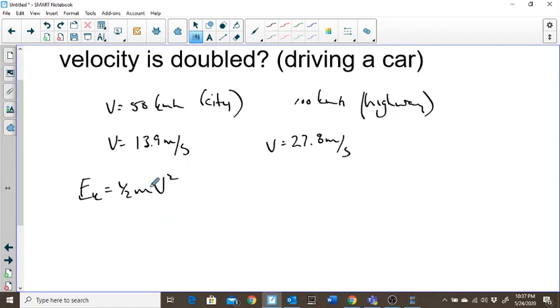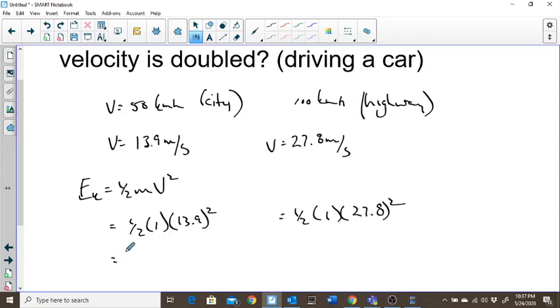So let's use a mass of 1. It's a very small car. So we're going to have 1/2 times 1 times my 13.9 squared. Likewise, over here, we're going to have 1/2 times 1 times my 27.8 squared. This is a doubling of the velocity.